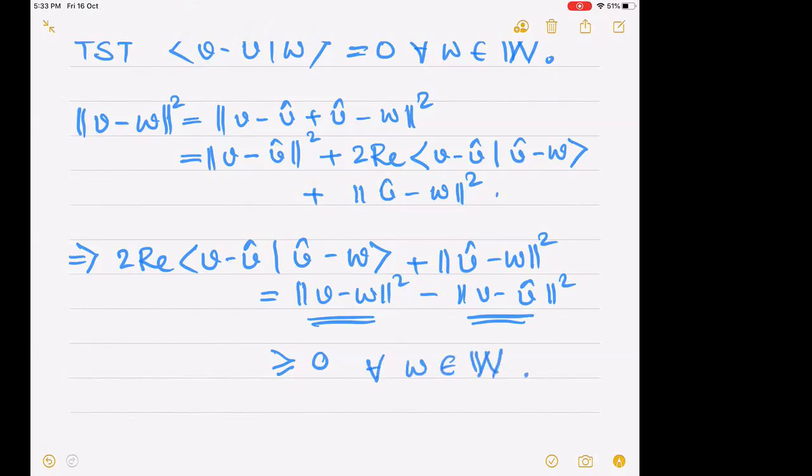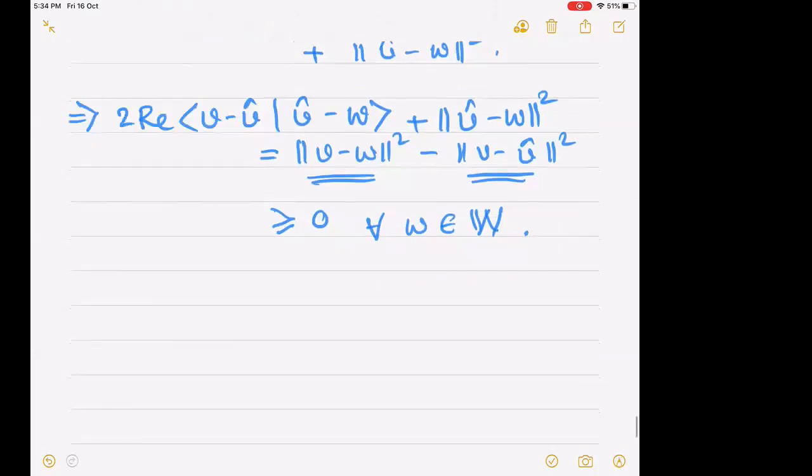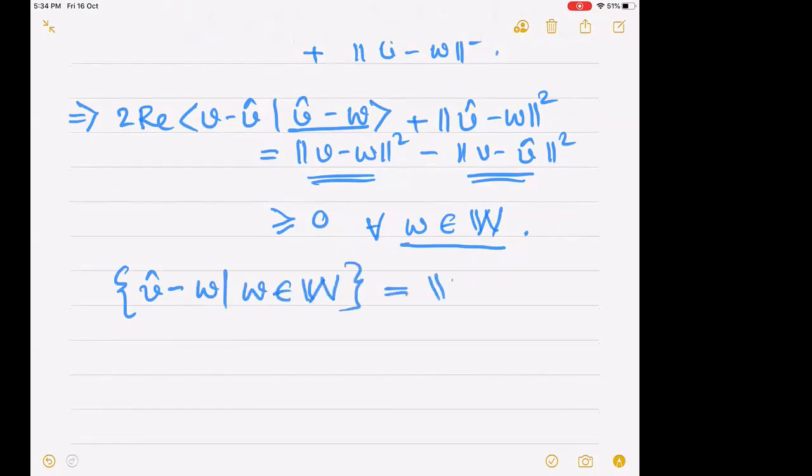Now we are going to do a modification, and that is very important. You have to pay close attention to what I'm doing here. When I'm saying take all possible W in W and I'm putting V̂ − W here, notice that this set of V̂ − W, where W is varied over all of W, is the same as W, because W is a subspace and V̂ is a vector in that subspace.